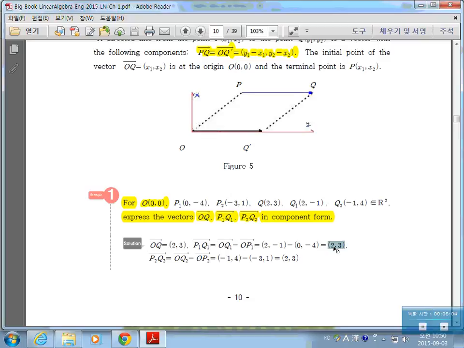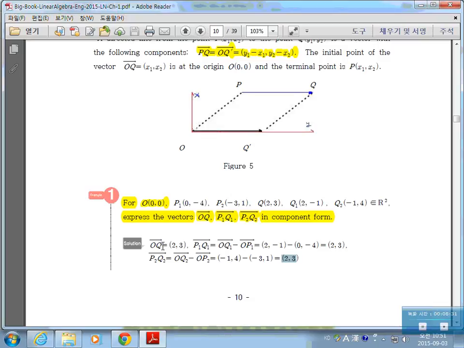This is the same as OQ1 minus OP1. And also P2Q2 can be obtained by Q2 minus P2. So minus 1 minus 1 is 0 at the first component, and minus 1 minus 3, and 4 minus 1 in here like this.